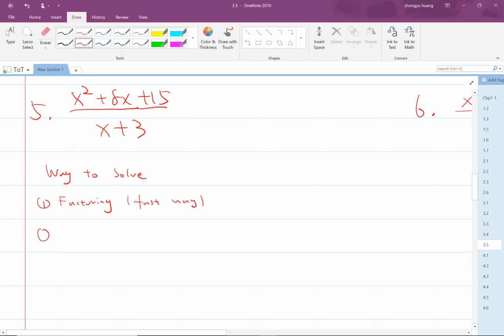Another way is the old method. The old method is slow. Since we haven't talked about factoring, we are going to do the old method, which is kind of slow.